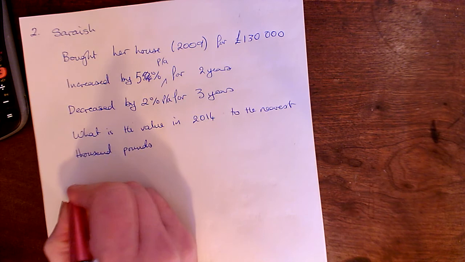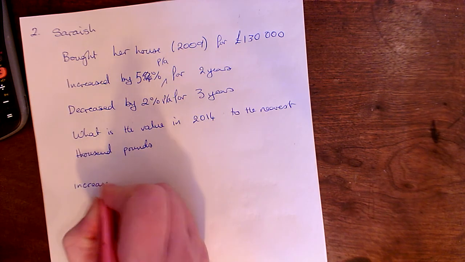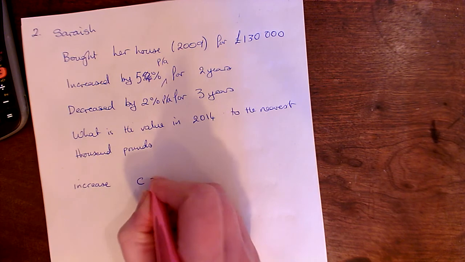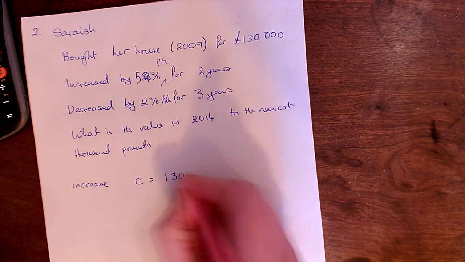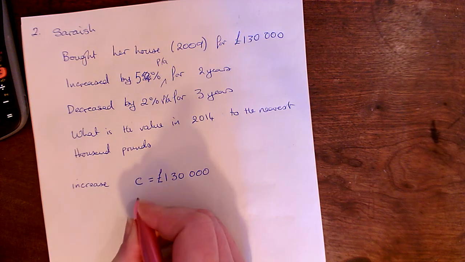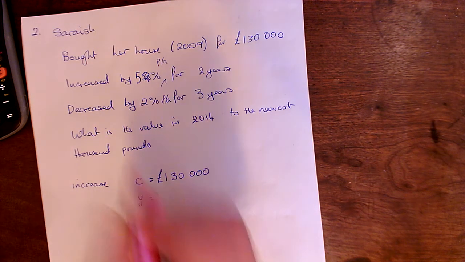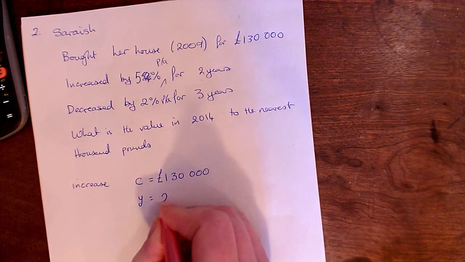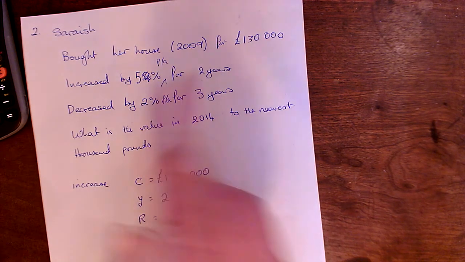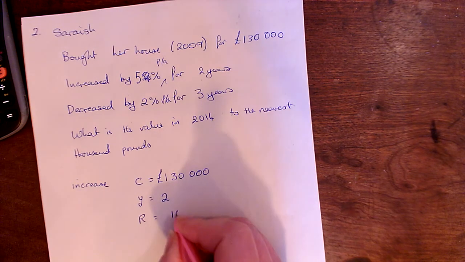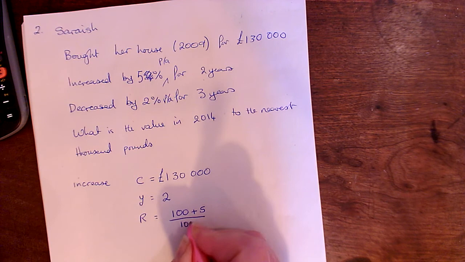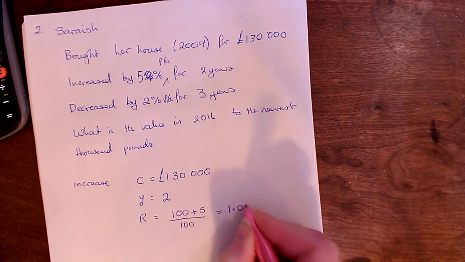So we're going to have the increase. For the increase, we're starting with a capital of £130,000. The number of years is 2 years, and your rate is, so it's increasing by 5%, so it's 100 plus 5 over 100, and if you work that out, you get 1.05.